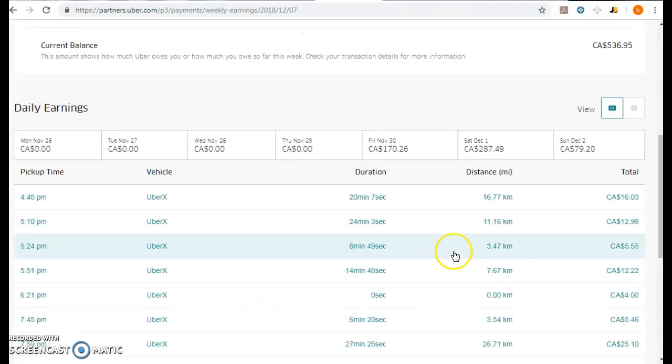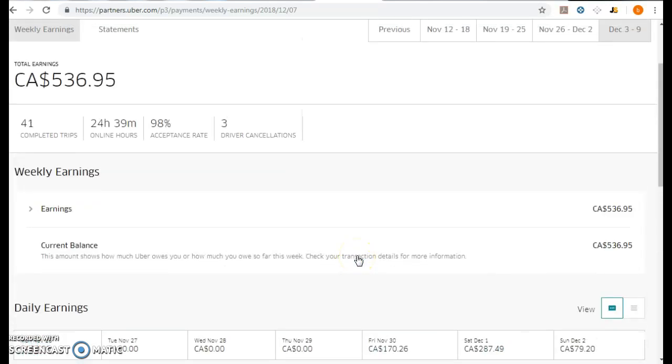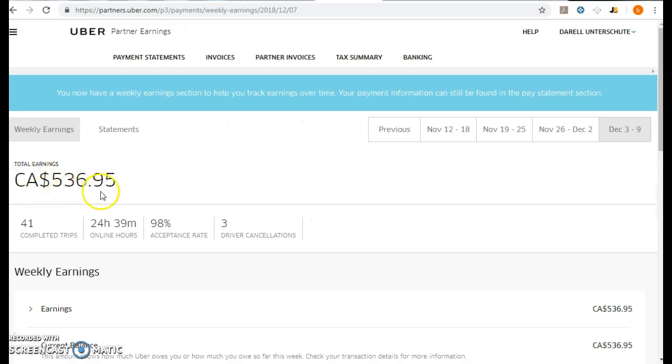I collect actually from here November 13, December 1 and December 2, and as per that I check the weekly total, and also set the online hour.